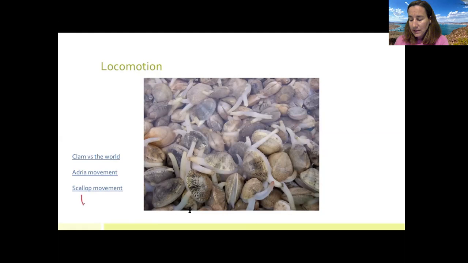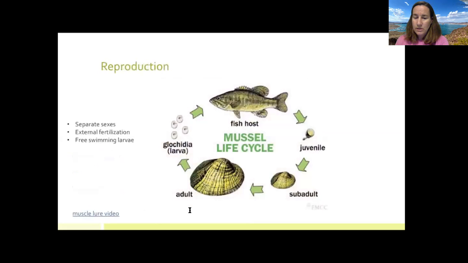If you're a scallop, it reminds me of a compact of makeup, just kind of squish away, which is how the scallop moves around. But all of these are different videos, watching these guys bury in the sand or swim around through the water column to try and get away, using their muscular foot to move themselves around. So lots of different ways to get around.